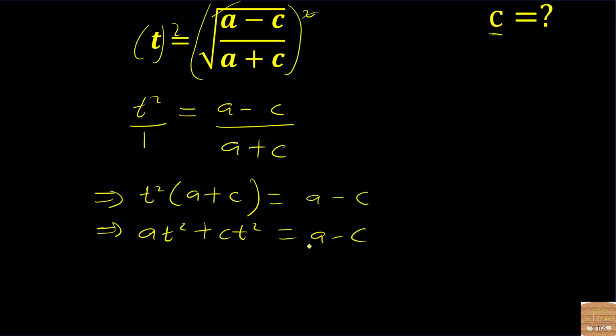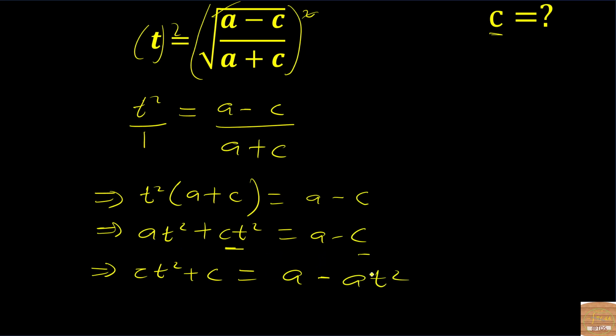Let's focus on where c is. We have c here and there, so let's group them on one side. So we have c t squared plus c equals a minus a t squared.